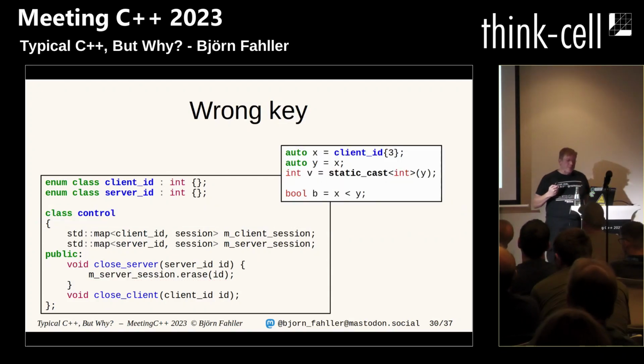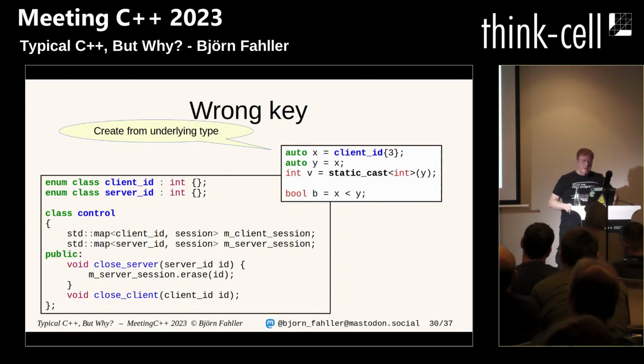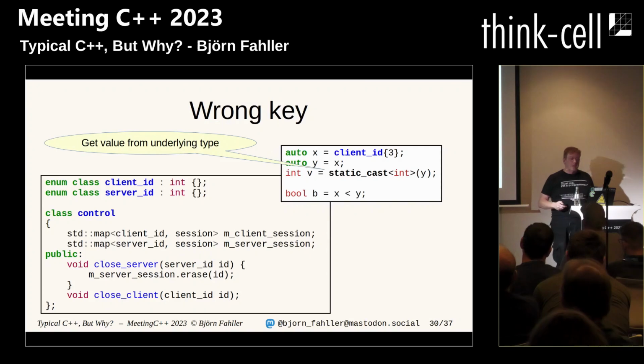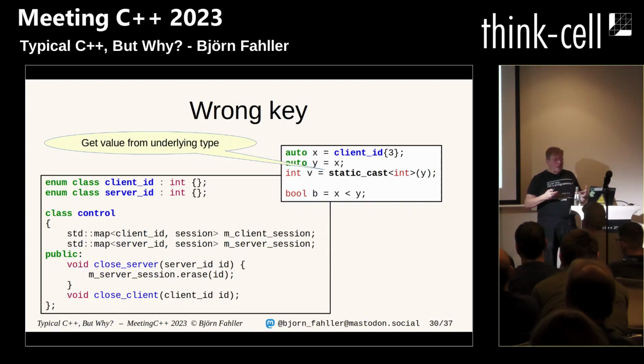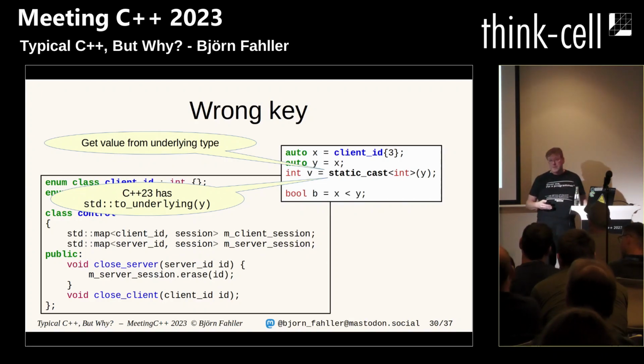The way these work is you can initialize them with a value of the underlying type, like so. And you can assign them and copy them. You get the underlying value by a static cast. Or if you're in C++23 or later, you have access to the underlying function.